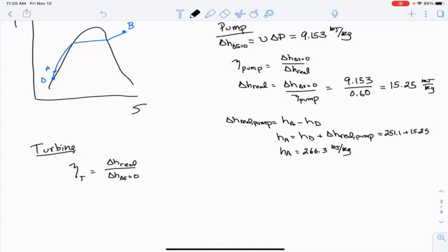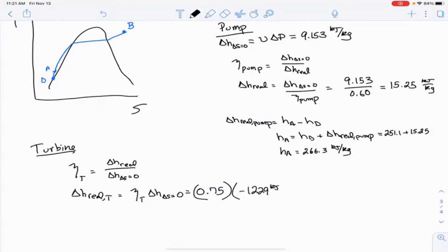Well, here, right, we're after the real enthalpy of the turbine. And so that's just the efficiency of the turbine times delta H when delta S is equal to 0. So that's 0.75 in this problem times the isentropic enthalpy, which we already did in the previous problem, right? We already solved the isentropic case, and that was minus 1,229 kilojoules per kilogram.